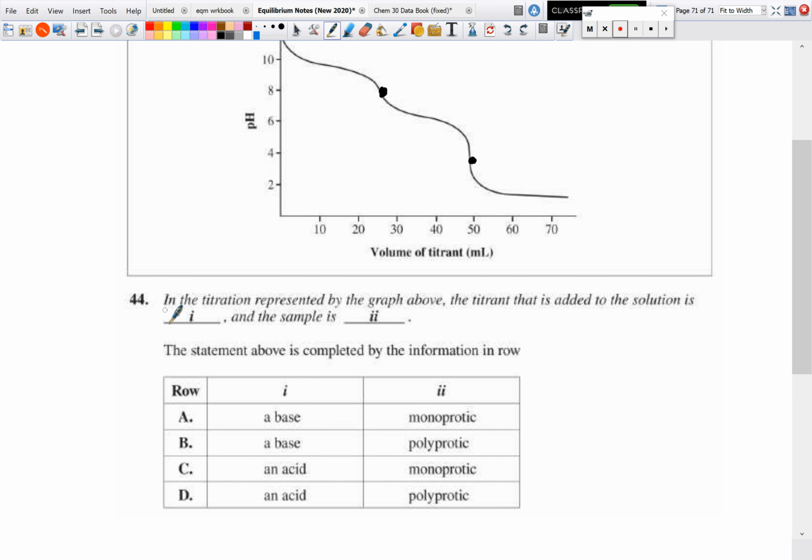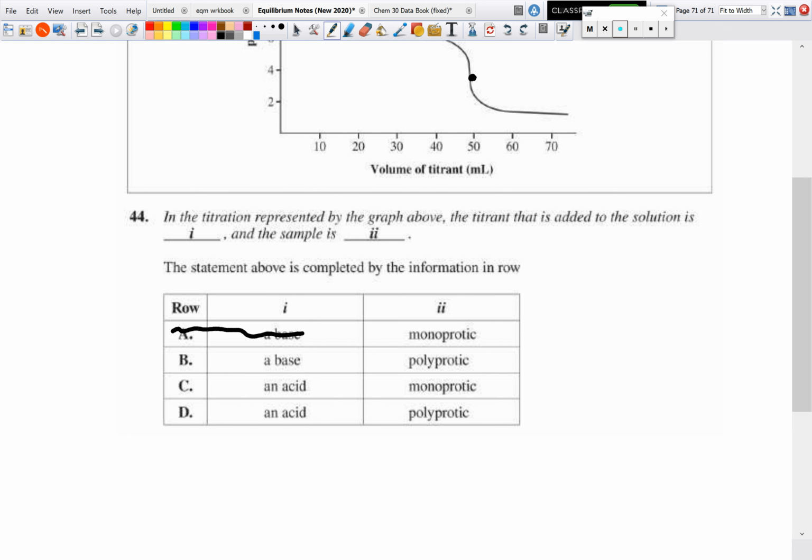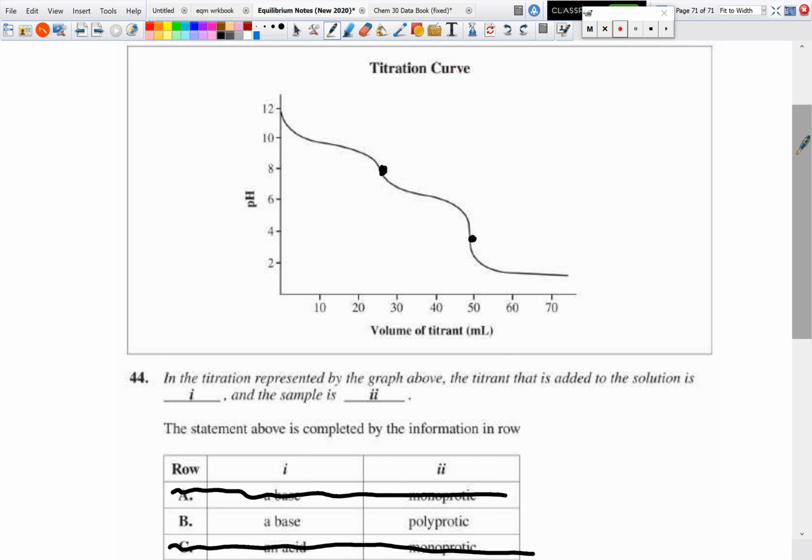And when we're answering the question, so in the titration represented by the graph above, the titrant that is added to solution is blank, and the sample is blank. Now, the fact that I just pointed out 2 endpoints, we know it's polyprotic, so we can not worry about A, not worry about C. So our answer is either B or D. Now, when we look at it, remember this is the pH of our sample, and our sample is a base.